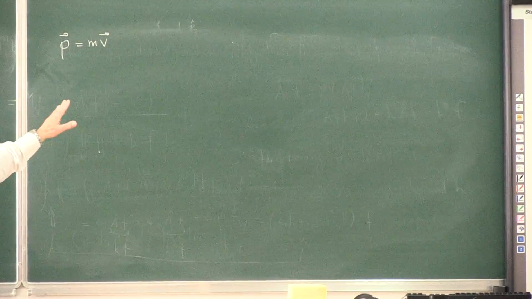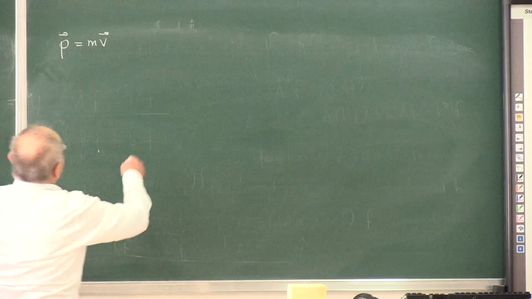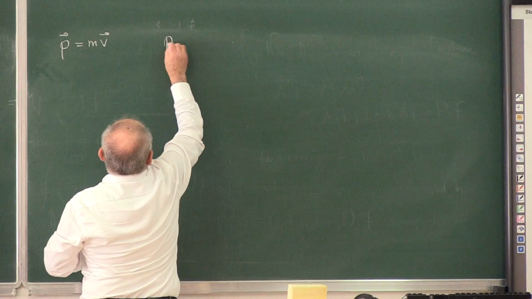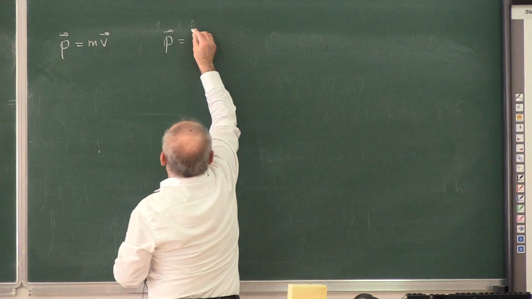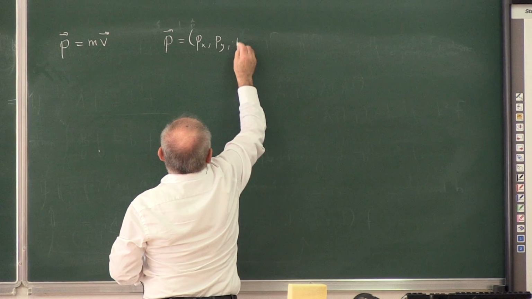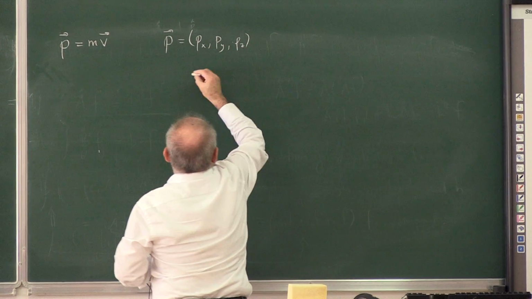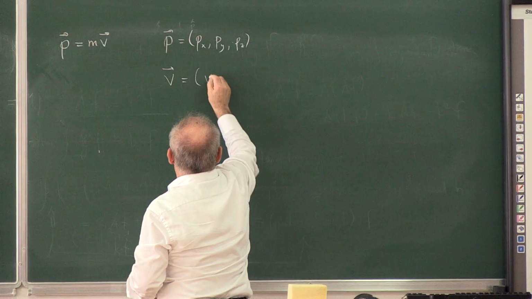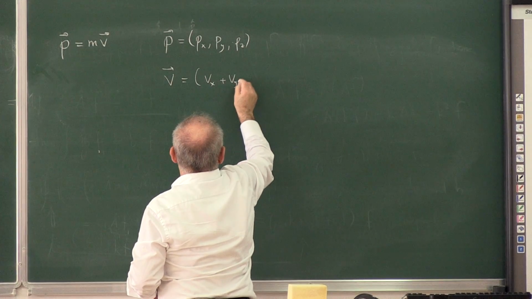And m is the mass of the particle. Of course, if the particle is moving in 3 dimensions, this p is a vector with components. Similarly, velocity is a vector with components.